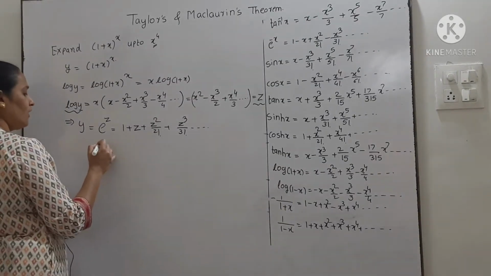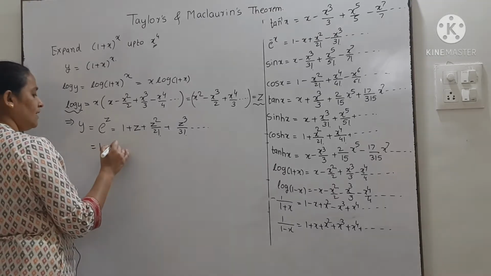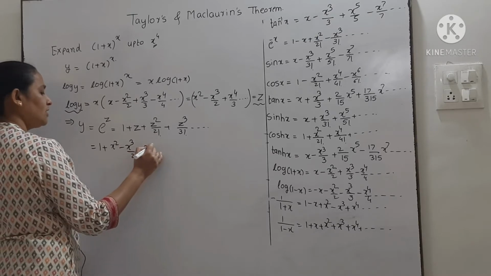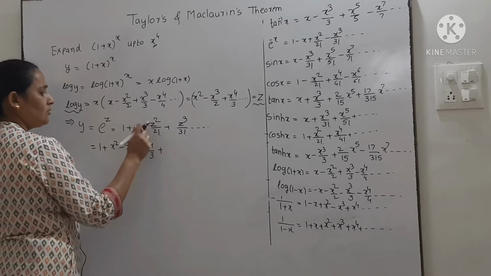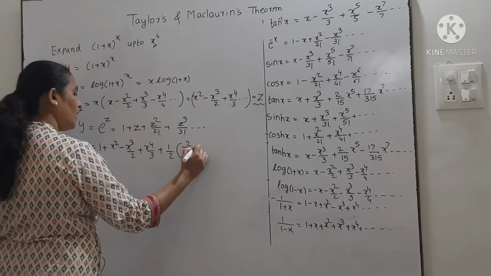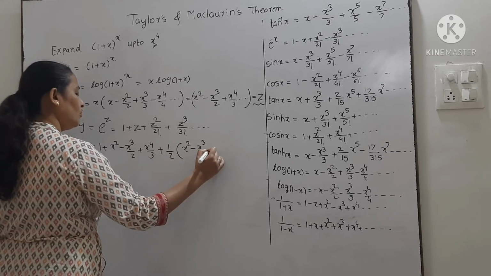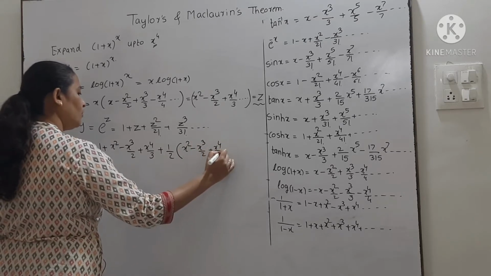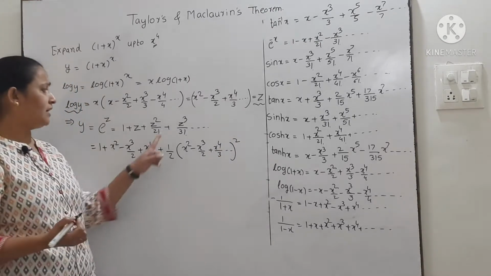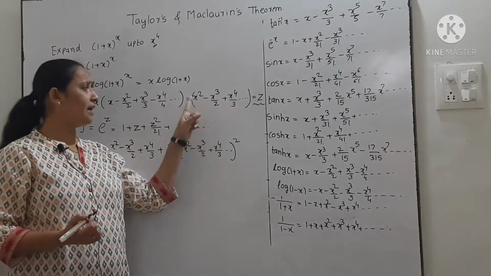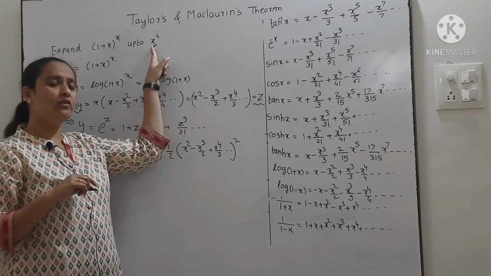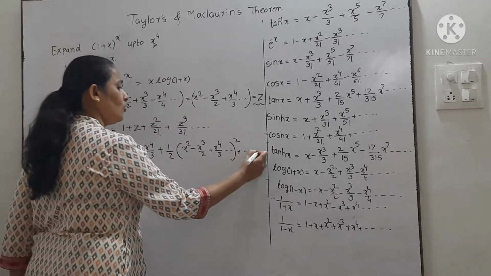If I will substitute the value, it is 1 plus z, that is x square minus x cube upon 2 plus x raised to 4 upon 3, plus 1 upon 2 factorial is 1 upon 2 into x square minus x cube upon 2 plus x raised to 4 upon 3 and so on, bracket square. If I write down the next term, that is z cube, that means cube of this bracket, x square cube will be x raised to 6 which is greater than 4. So, we will not write down the next series, say and so on.